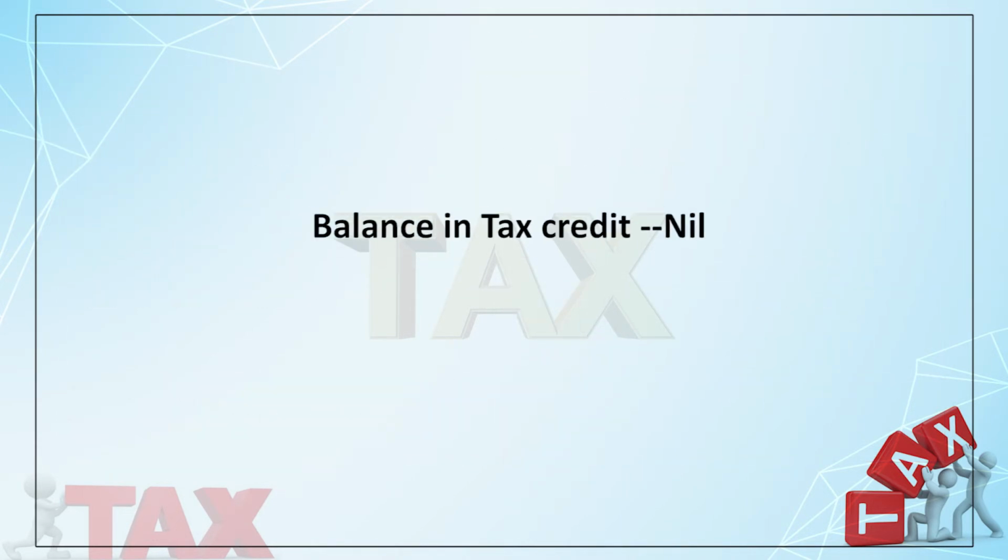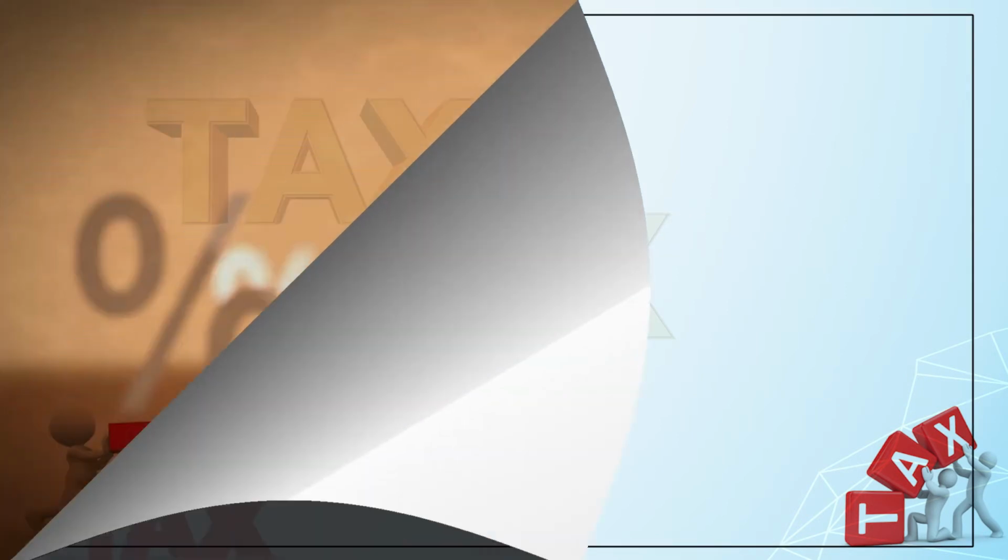The amount would be nil, because the entire amount which was carried forward under section 115JAA has been deducted from the tax liability. So, after deduction, the amount would be the tax liability of the company, and there would be no balance in the MAT credit to be carried forward. So, this is the provision.